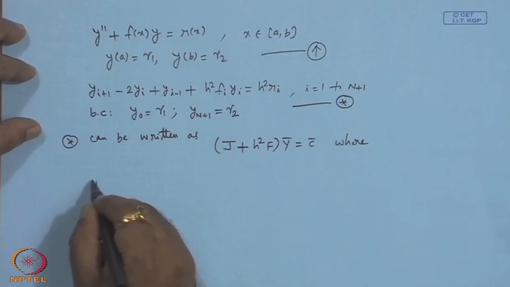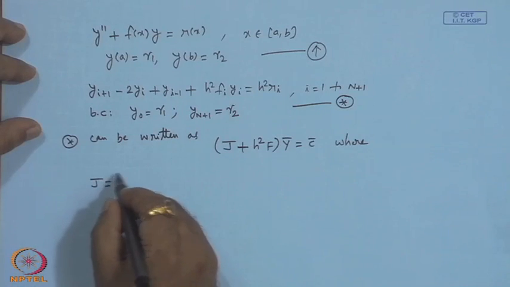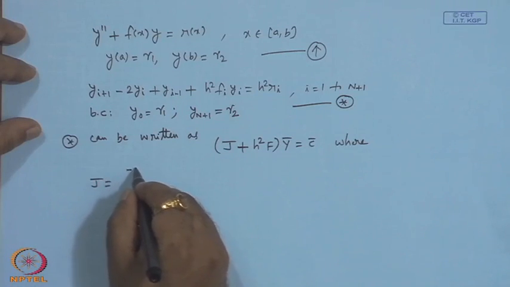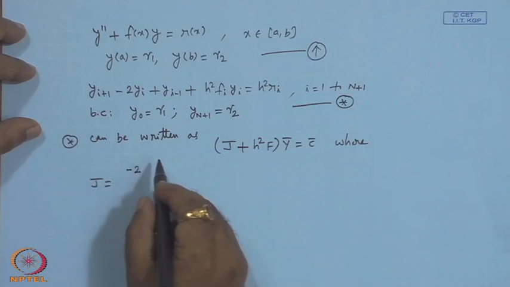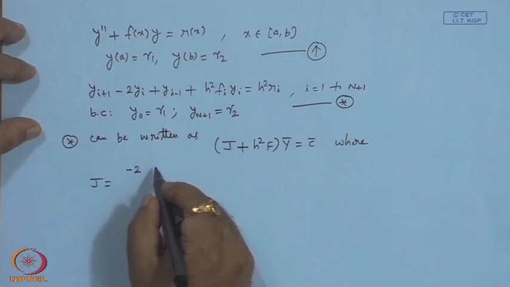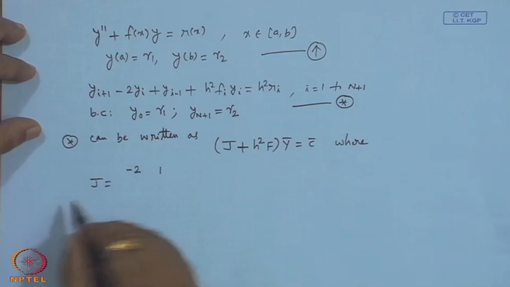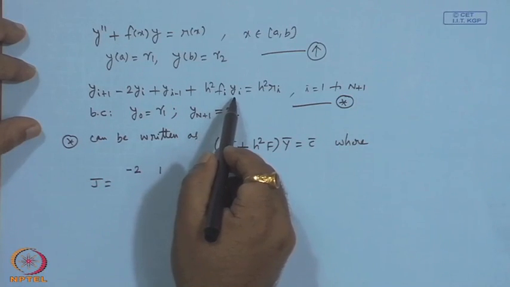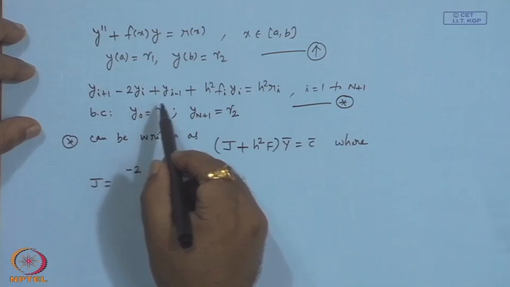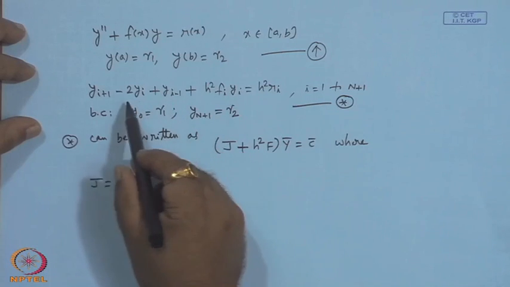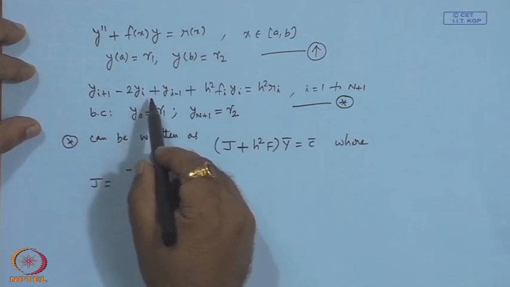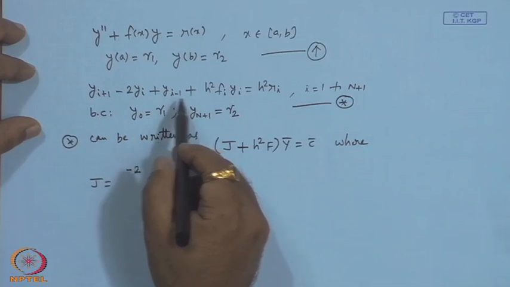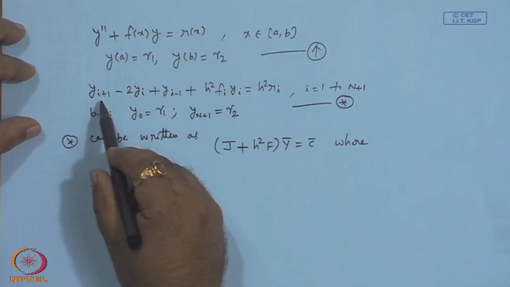So, where J is of the form minus 2. Look at this, the coefficient of y I, okay, then the coefficient of y I minus 1, coefficient of y I plus 1.